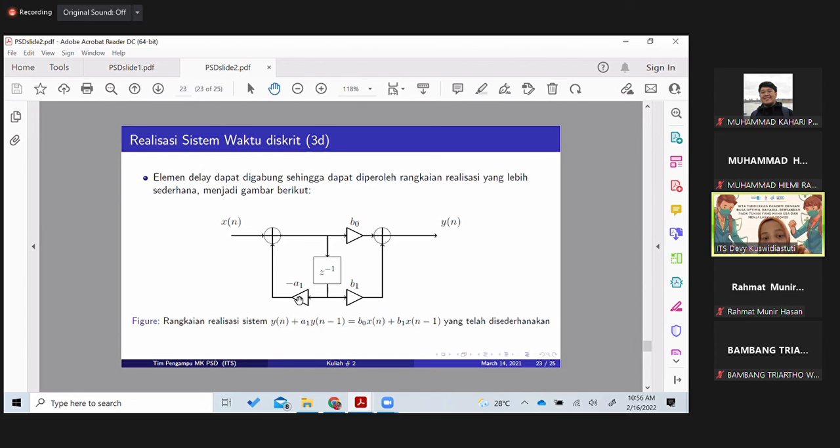Because the direction is to the left, this will be related to the feedback of the output, and this one is related to the input xn. So this is the simplified version of the same system, where we only need one shift register for storage and the same number of multipliers and adders.